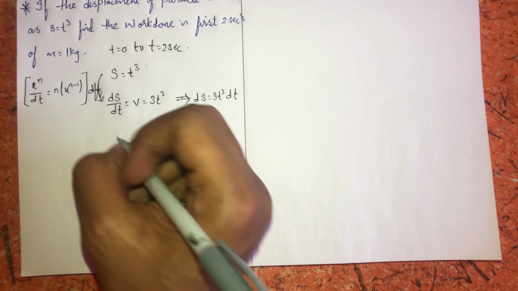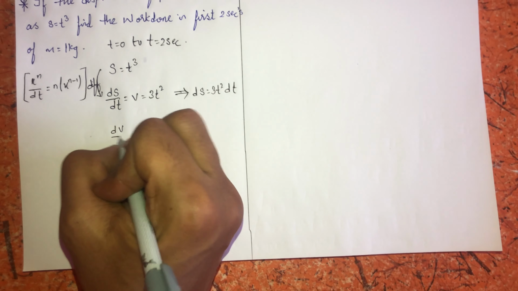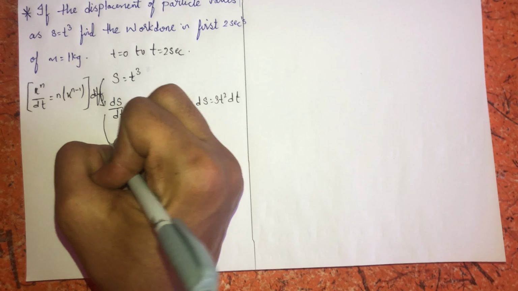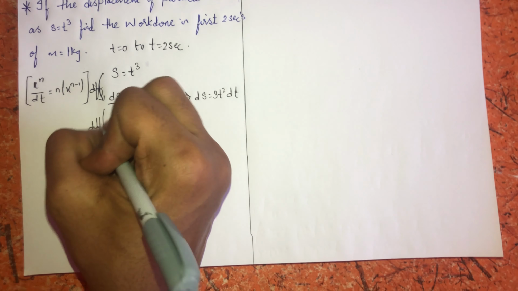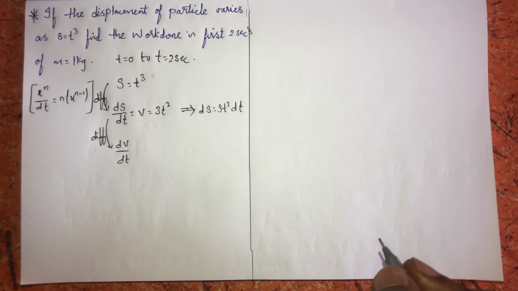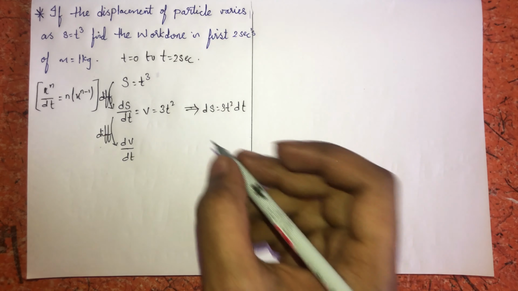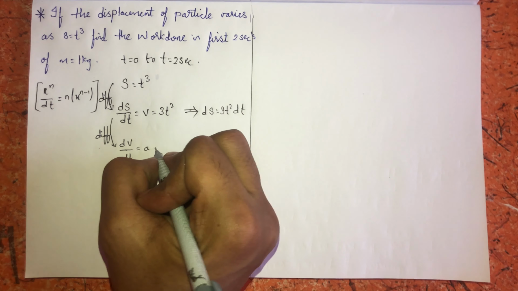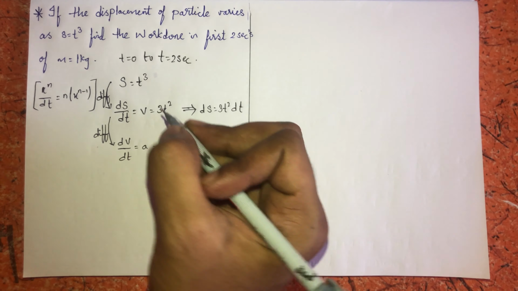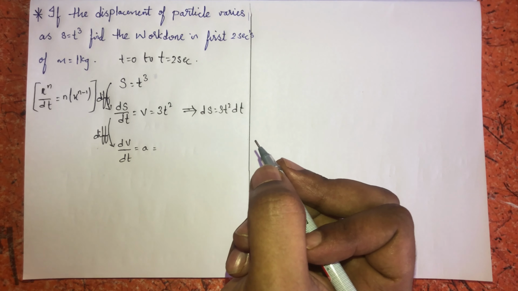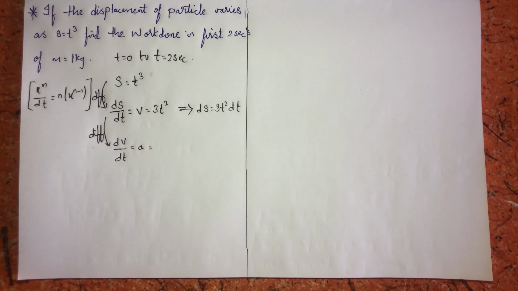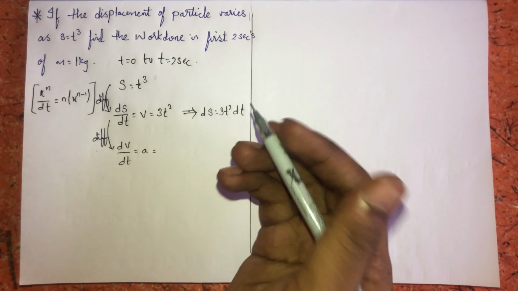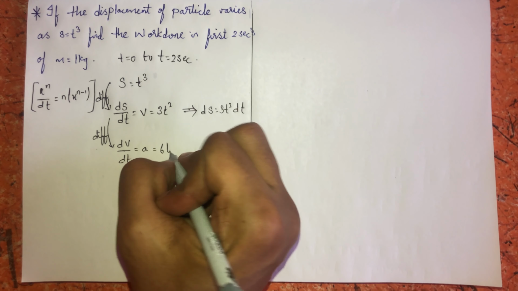Then differentiation of velocity will get acceleration, dv by dt. Differentiation will get acceleration will be equal to, here n value will become 2, so that we'll get 6t.